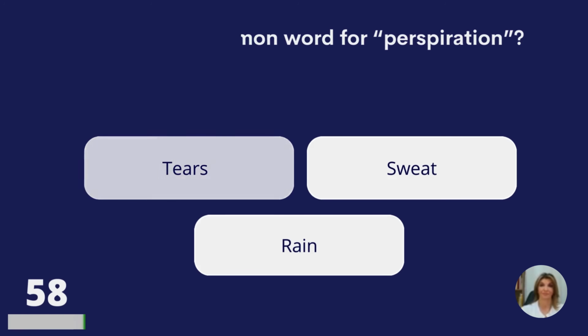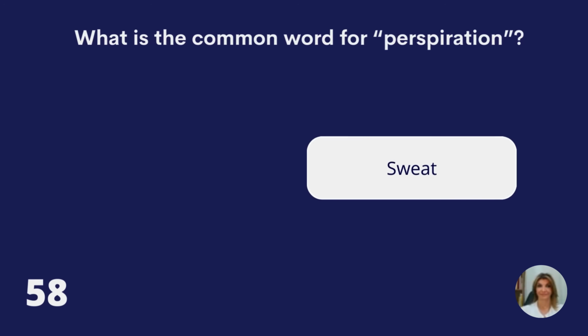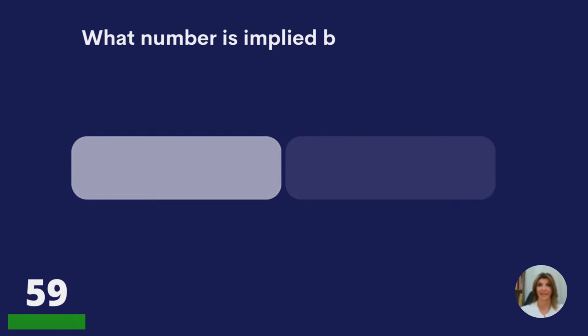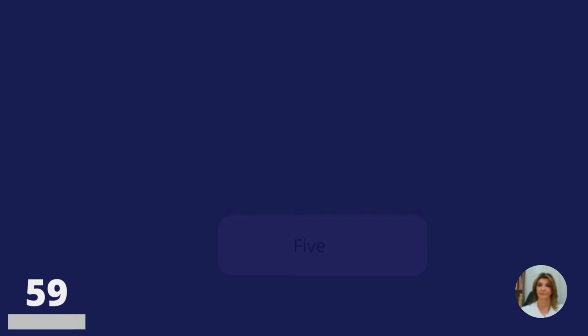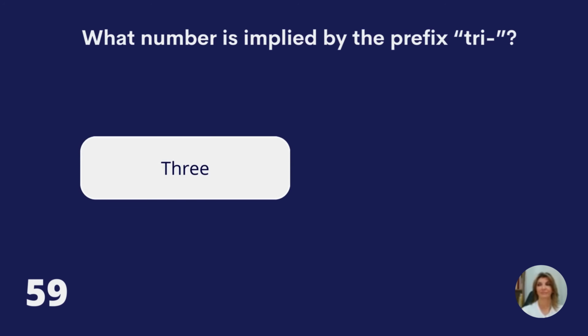Sweat. What number is implied by the prefix try? 3, 2, or 5? Three.